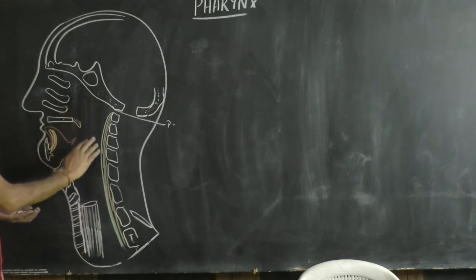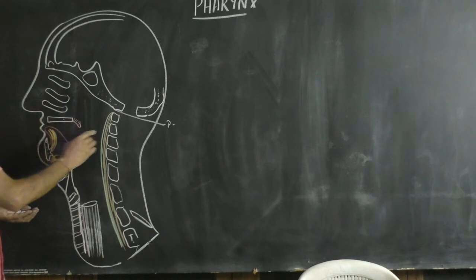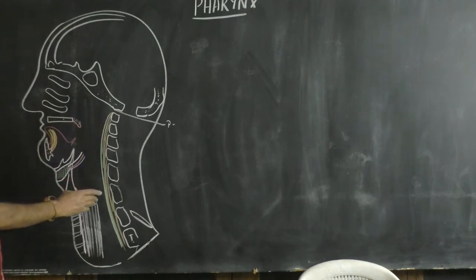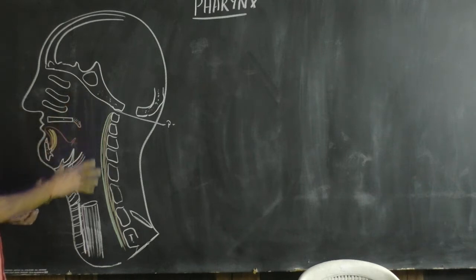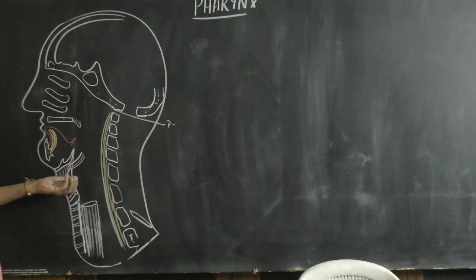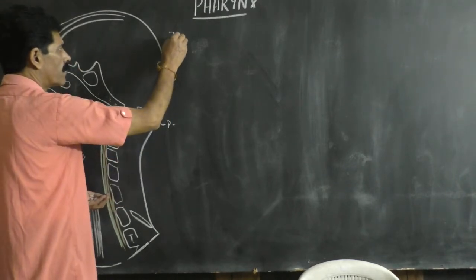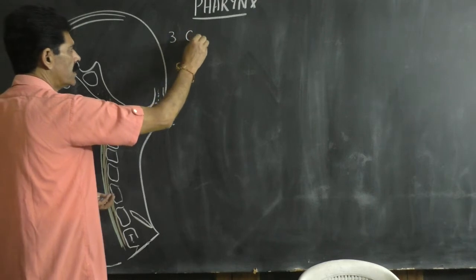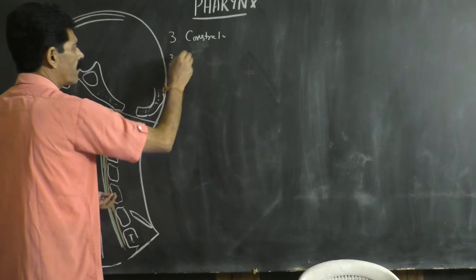Now this is the gap, starting from the base of the skull to the upper border of the esophagus. This gap is closed by an irregular muscular tube formed by 6 muscles, which is what is called the pharynx. Three muscles are constrictor muscles, and three are vertical muscles.